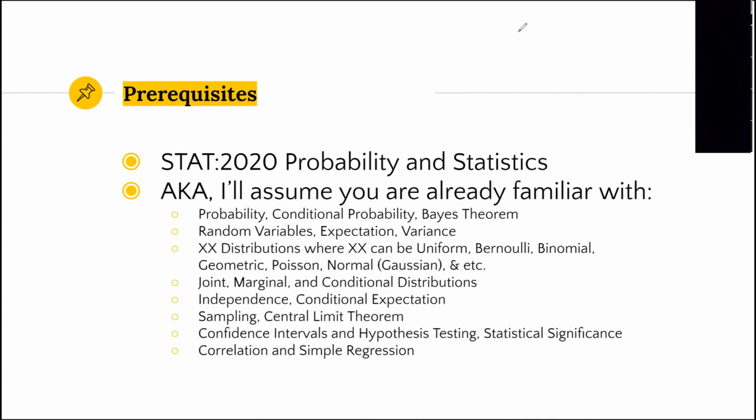And then we're also going to talk about statistical hypothesis and statistical significance. I believe you've already covered those topics in Stat 2020, which is the prerequisite of this course.